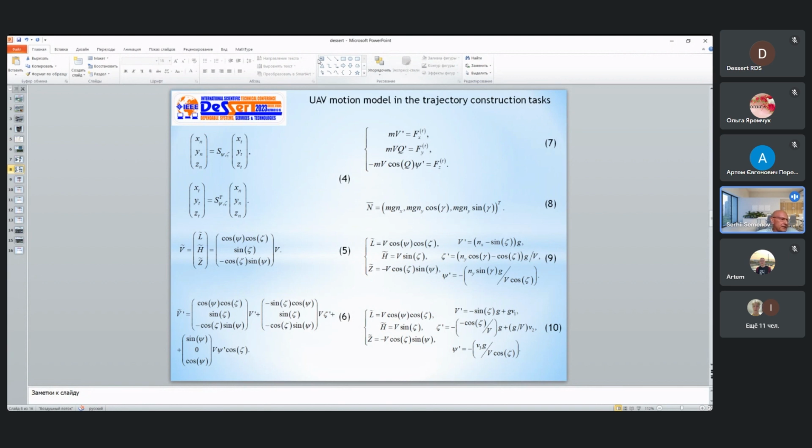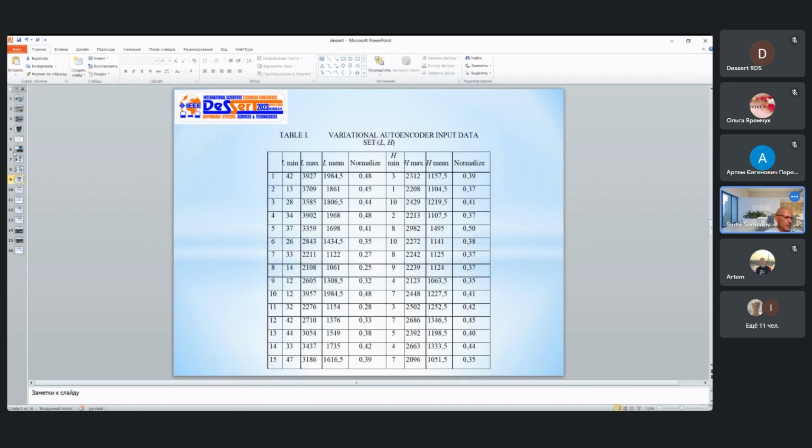Using the rotation method and considering the variables as new virtual controls, the following relation can be obtained, formula number 10. Considering the factors given in the model, we present the input data set of the variational autoencoder in the form of a table.